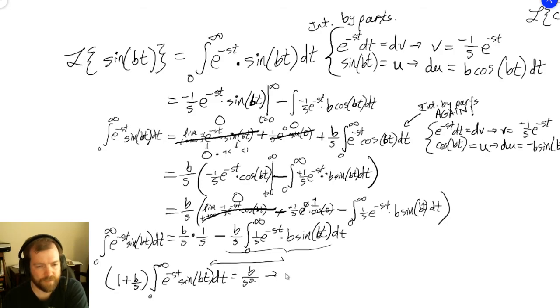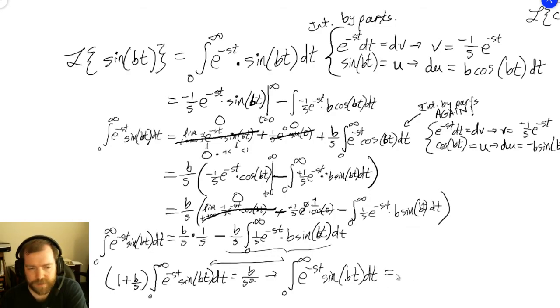And then just the integral from 0 to infinity of e to the negative st sine of bt dt, the original thing we wanted in the first place, is going to be equal to then b over s squared times 1 over 1 plus b over s.